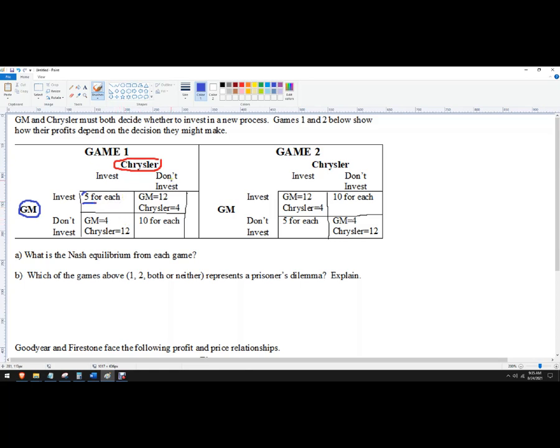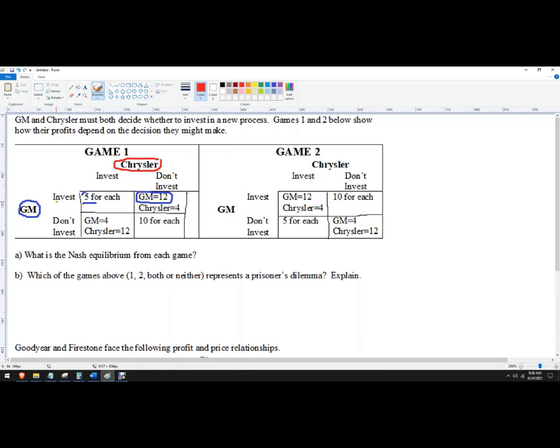And then if Chrysler doesn't invest, what's better for GM? To invest or don't invest, because they would get 12 or 10, and it'd be better to invest. I'm going to go ahead and circle that. It didn't ask us for this, but in case it does, GM has a dominant strategy to invest.